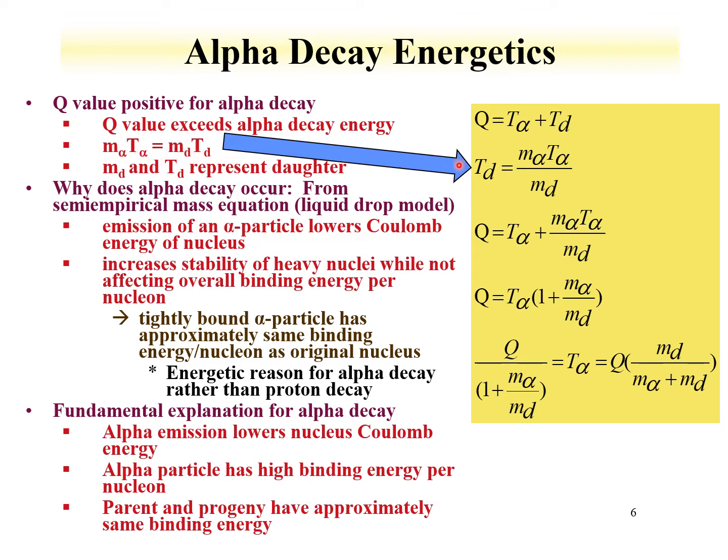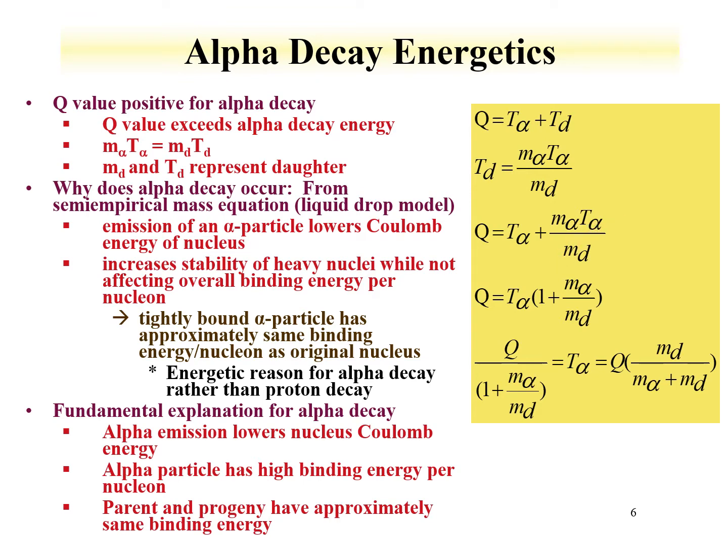We can rearrange this equation and solve for the kinetic energy of the daughter as a function of the mass of the alpha, the kinetic energy of the alpha, and the mass of the daughter. We can substitute this into the Q value equation, and we get a relationship in terms of the kinetic energy of the alpha, mass of the alpha, and the daughter.